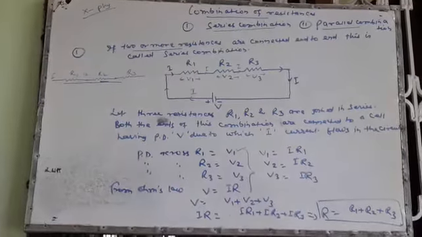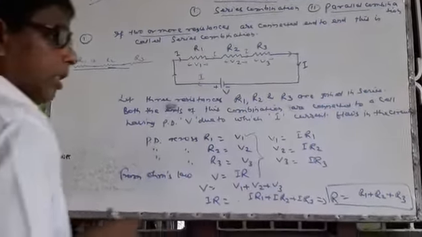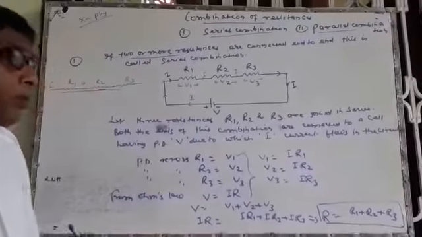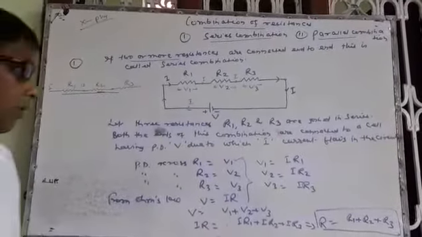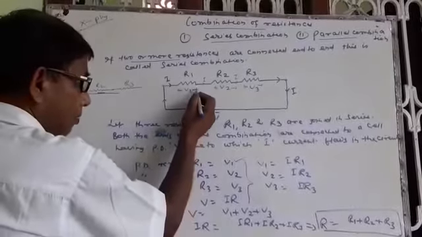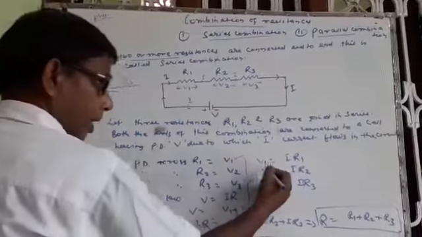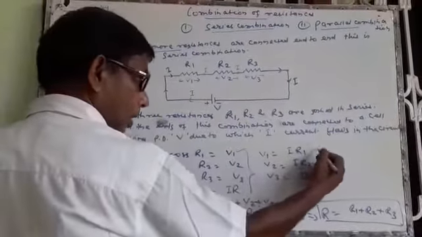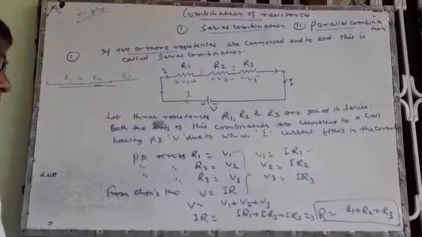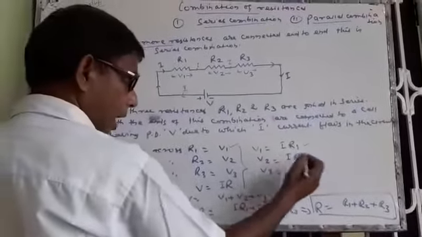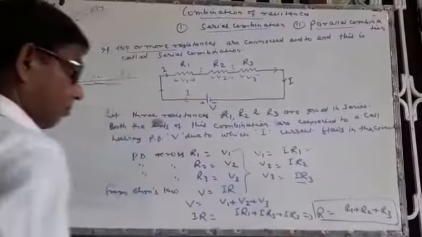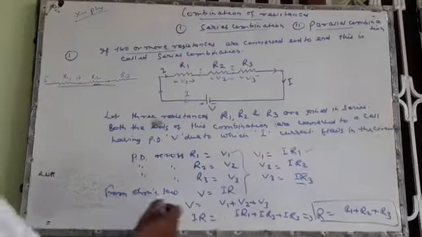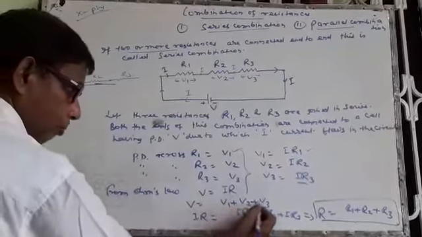From Ohm's law, you know that potential difference is equal to the product of resistance and electric current: V equal to IR. So for the first resistance, V1 equal to IR1, V2 equal to IR2 and V3 equal to IR3. V equal to V1 plus V2 plus V3.